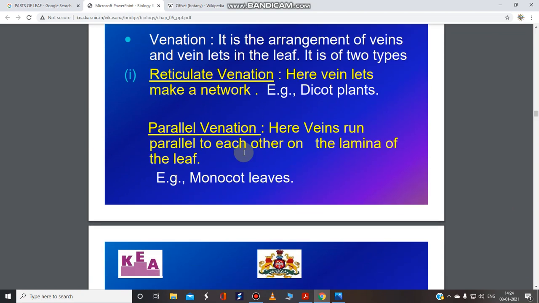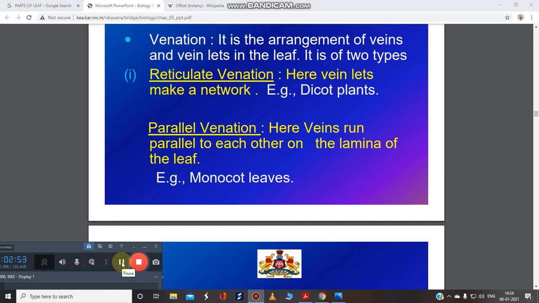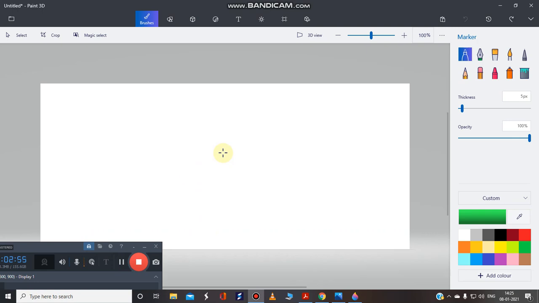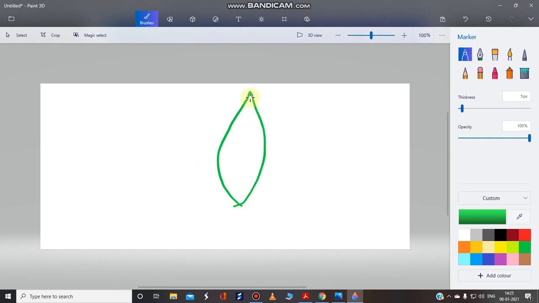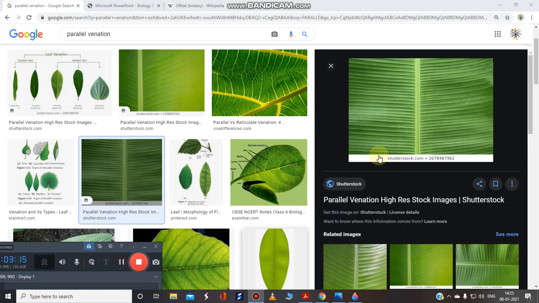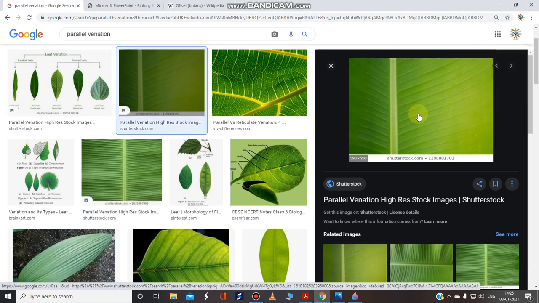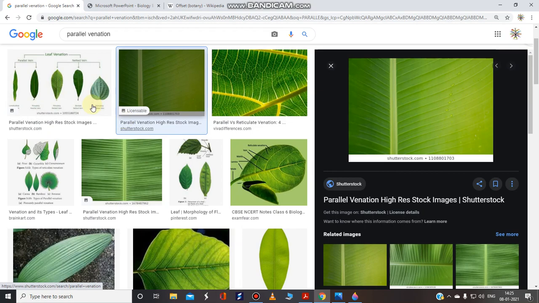Basically there are two types of venation, reticulate and parallel. It is very simple actually. Suppose this is a leaf and this is your midrib. If we talk about parallel venation, in many plants the venation is parallel. This is the parallel type of venation. For example, these are the examples. Here you can see the veins are parallel to each other. Okay, I hope this is clear.